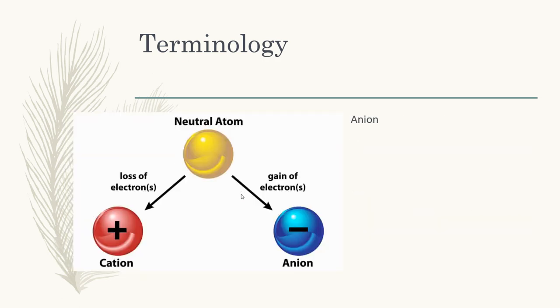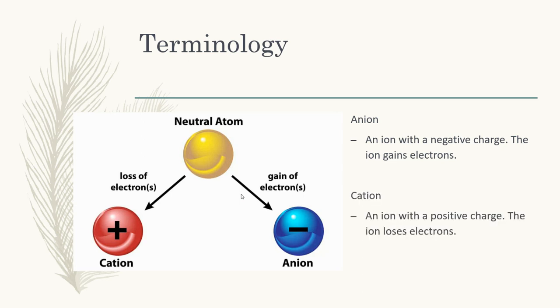From a neutral atom, you can have an anion, which is an ion with a negative charge because it gains electrons, or a cation, which is an ion with a positive charge, and that's because the ion loses electrons. Okay, so this makes sense because electrons are negatively charged. You gain an electron, you gain a negative charge. You lose an electron means you're losing negative charge, so you'll have more positive than negative charges, so you're positively charged.